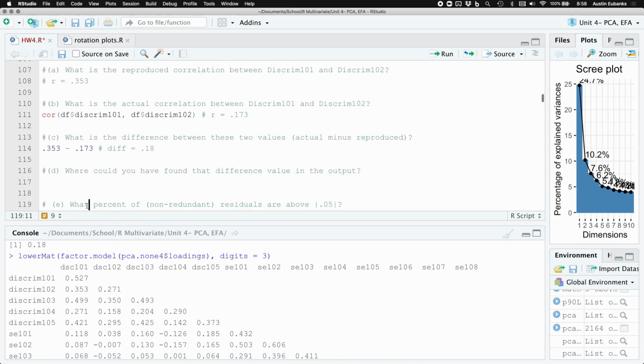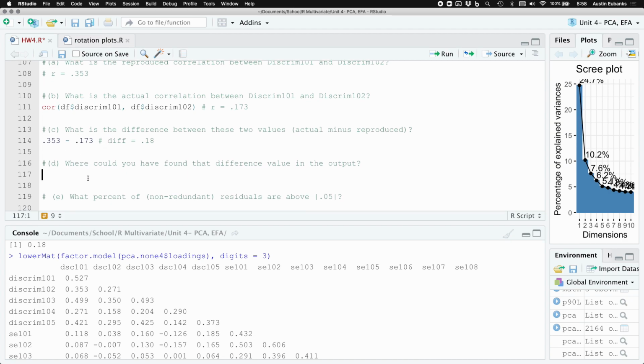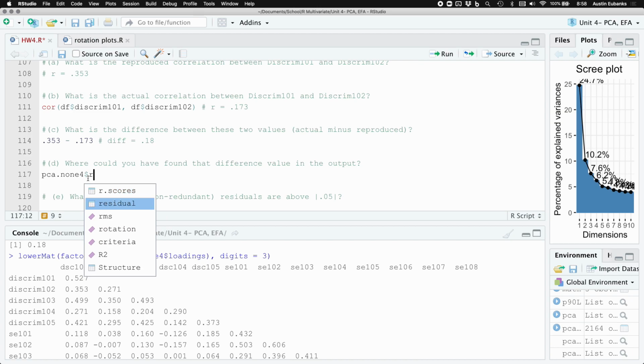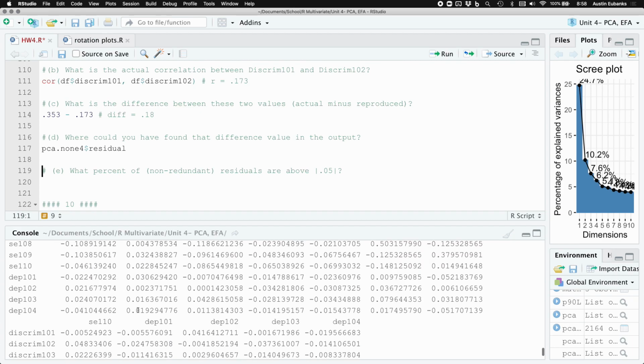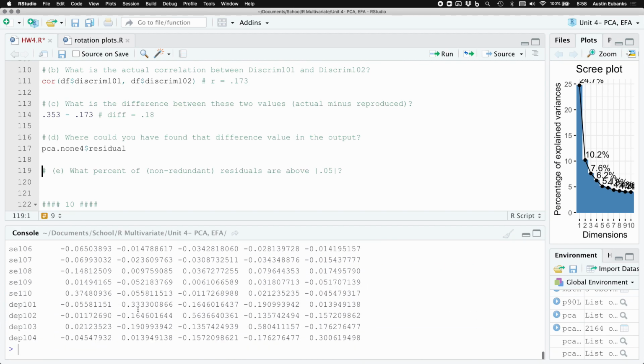And so there's a thing called the residual correlation matrix. So if we look at the PCA none $ residual, this is going to give us our residual correlation matrix, but again, it's one giant block. So once again, I'm going to wrap that in lower mat and tell it I want digits to equal 3.